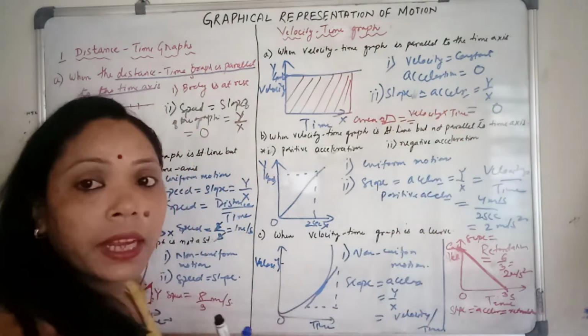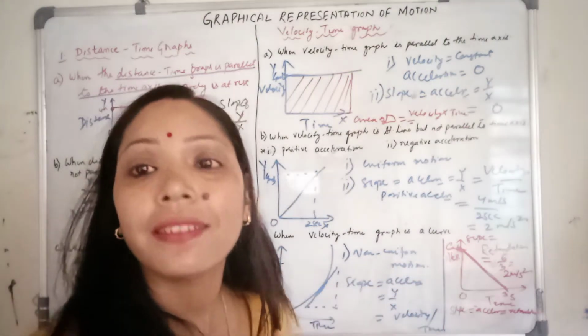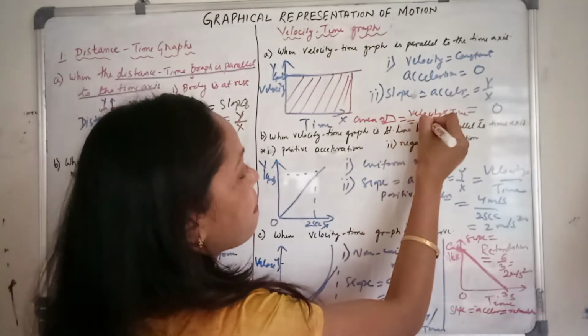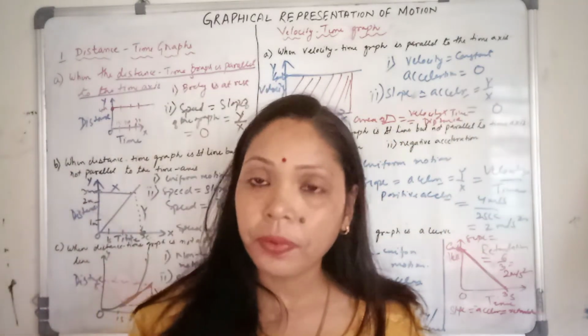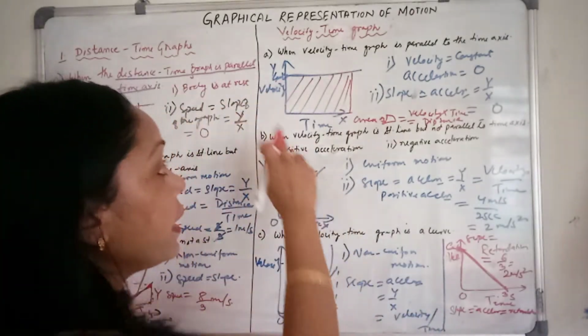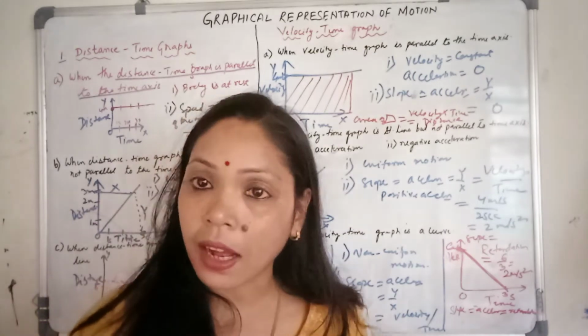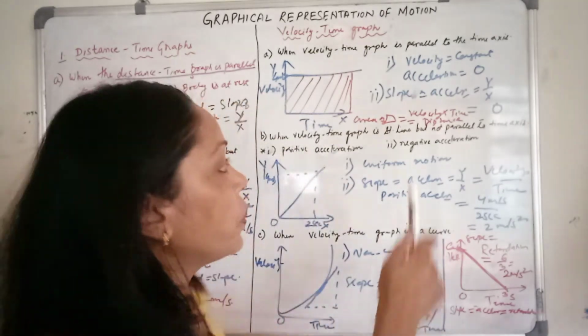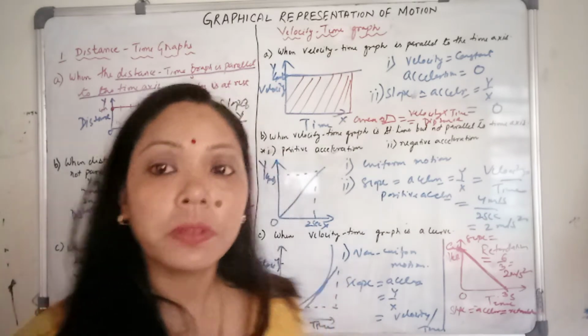So velocity into time is distance. So very important: if you are finding the area covered by the velocity time graph, that one will give you distance.